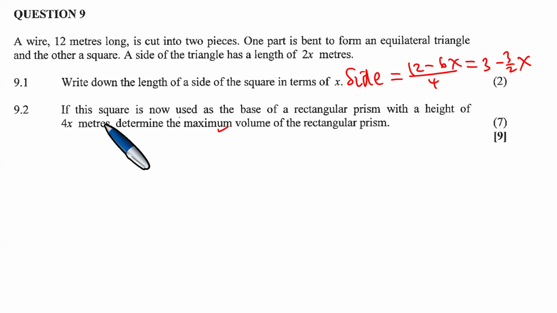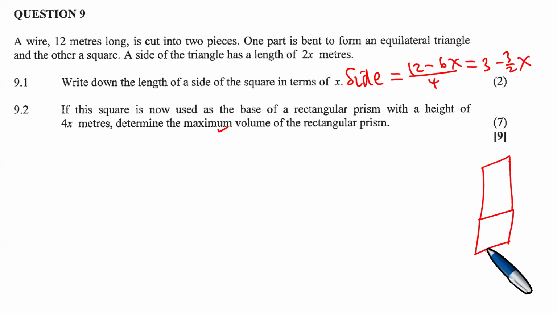Now, if you look at these, obviously the side is there. Therefore, if the square is now used to form a base, so you have this. I'm trying to draw a rectangular prism.